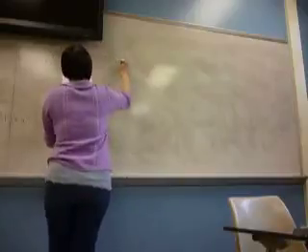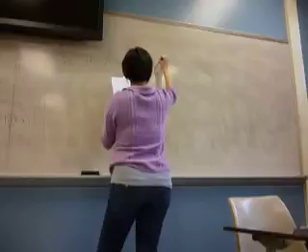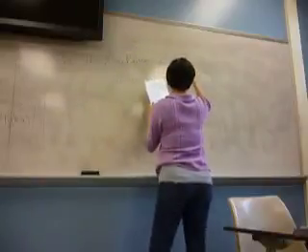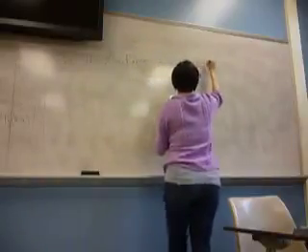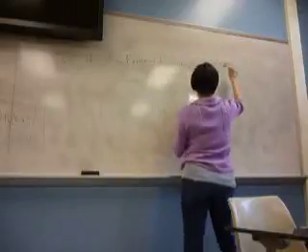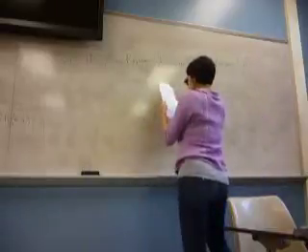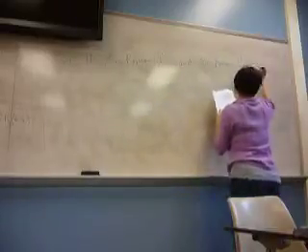So using these formulas, find the following. X is a Poisson random variable with parameter lambda, and y is a Poisson random variable with parameter mu, and x and y are independent.